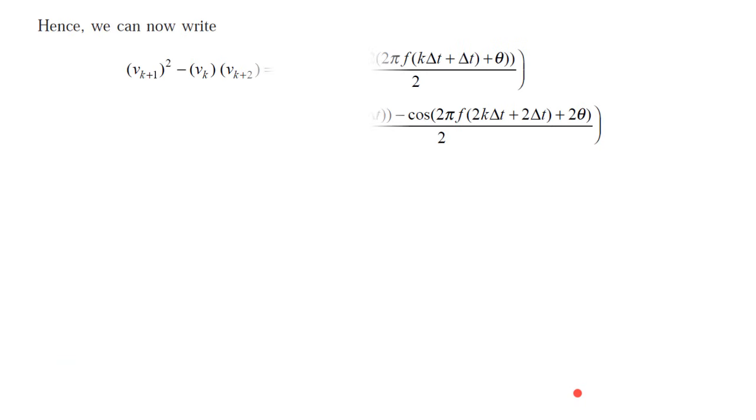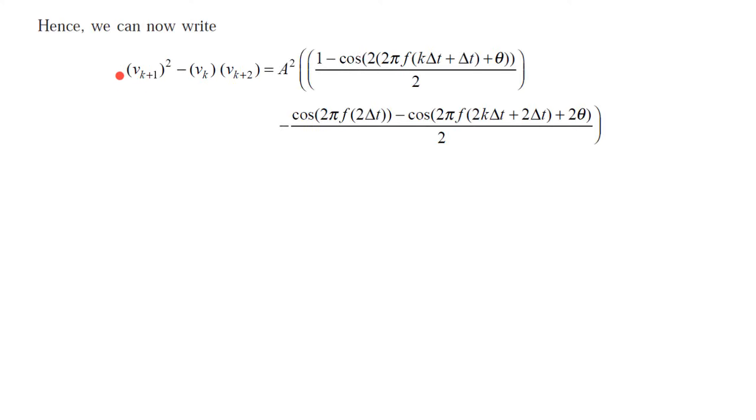Now we can substitute the evaluated values from the last slide, that Vk plus 1 square minus Vk into Vk plus 2 will be equal to A square into 1 minus cos of 2 pi f 2 delta t minus cos of 2 pi f 2 k delta t plus 2 delta t plus 2 theta, right?